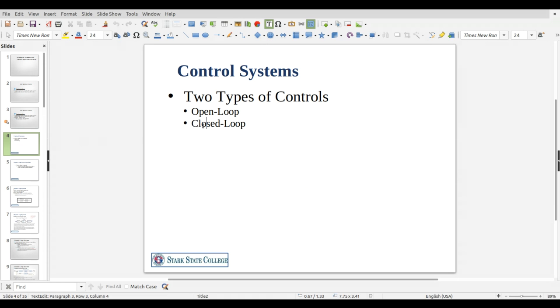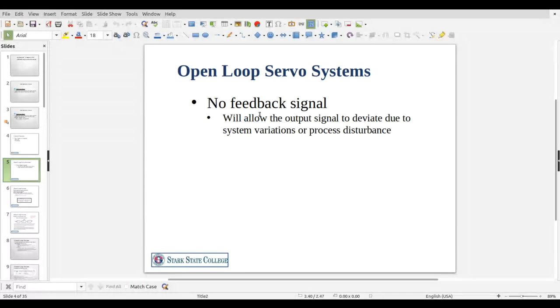We're going to concentrate for the rest of the semester on this concept of closing the loop. An open loop signal has no feedback. We have no sensor, or we might have a sensor monitoring where the system is, but we're not feeding it back in to make adjustments.